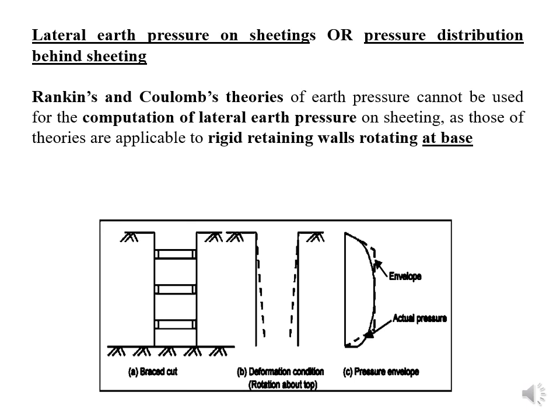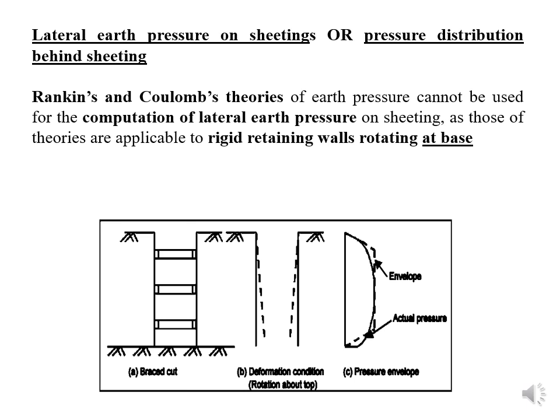Rankine and Coulomb theories of earth pressures cannot be used for the computation of lateral earth pressure on sheeting, as those theories are applicable to rigid retaining walls rotating at the base. These theories are applicable for the rigid retaining wall, where the rotation is going to take place at the bottom of the retaining wall, that is, at the base.